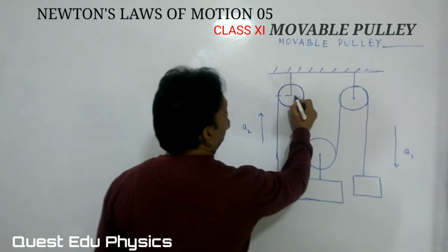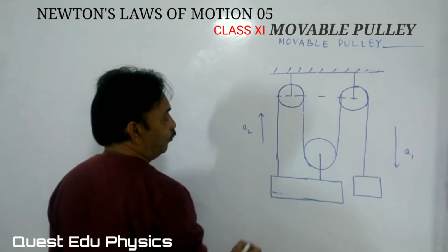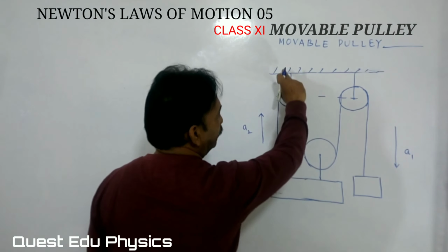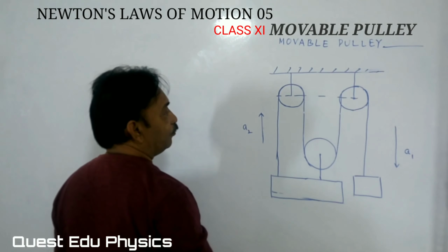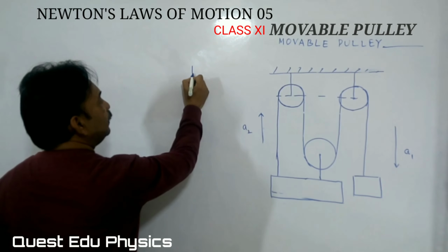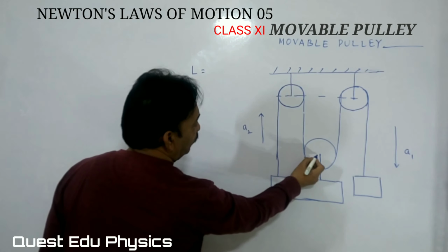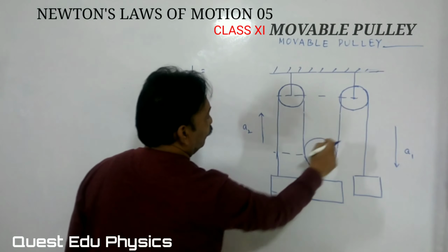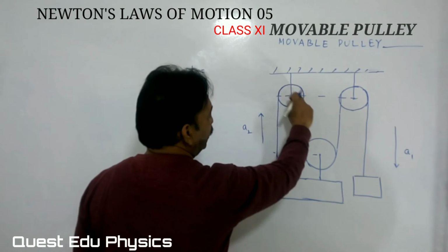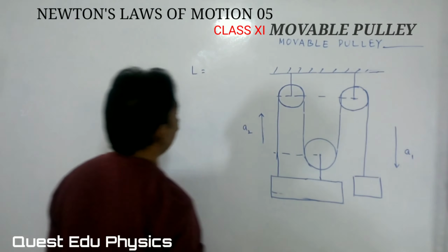These are the fixed positions, students, and these things don't change, but the remaining will change. Let's say the length is equal to these parts we are taking. This remains constant, 1, 2, 3. Decrease of these lengths appears to be increase in this.